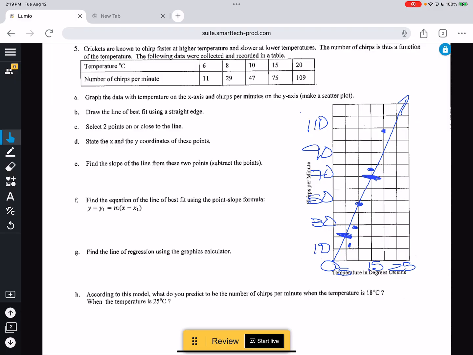I got 9 over 1. Wait, I did 10 and 47. Are you supposed to do 50? No, you could do 47. You pick a point. I ended up with 30 over 5. I used 10, one like right there, and then 15 and 80, about right there. I got 34. So you take your points and subtract.